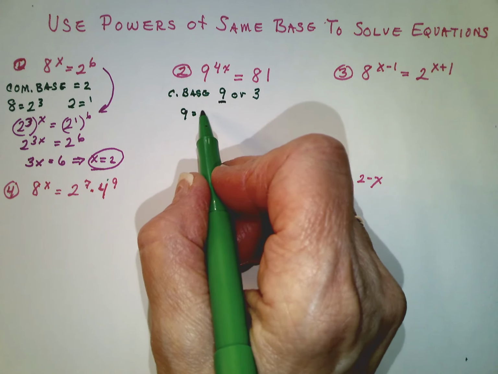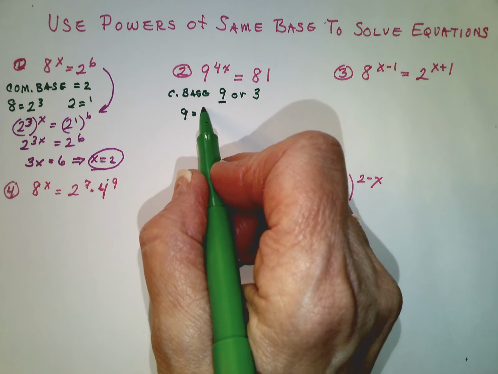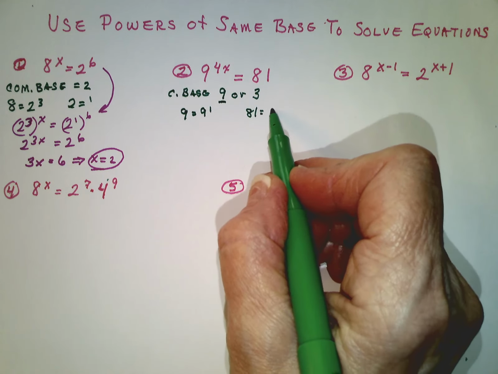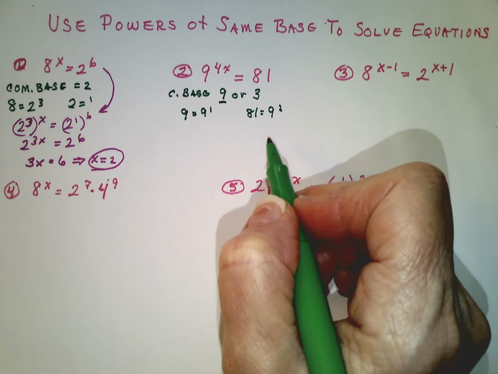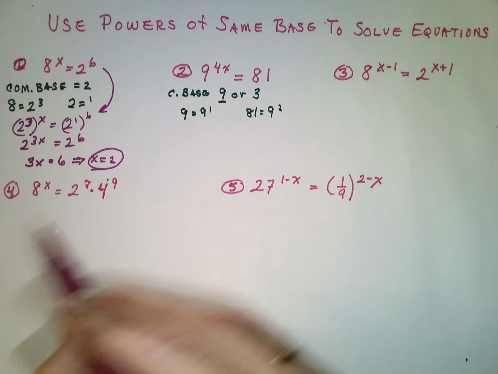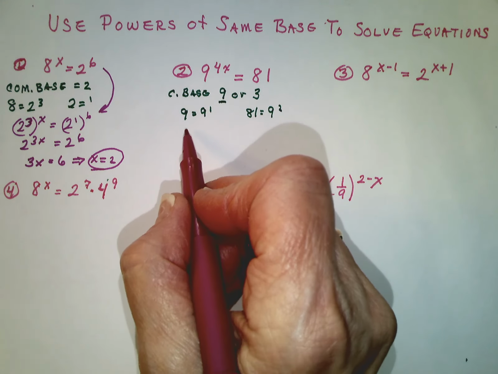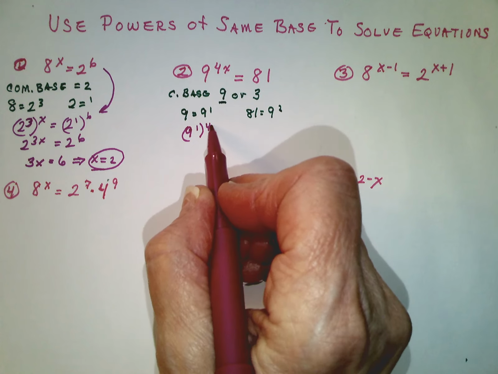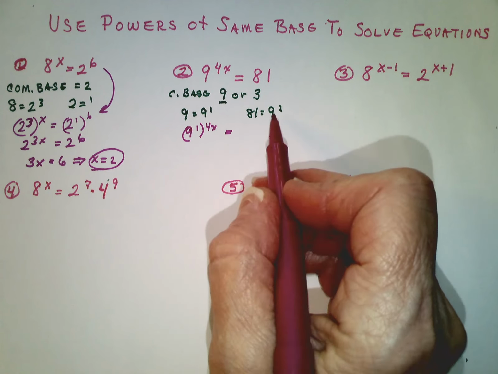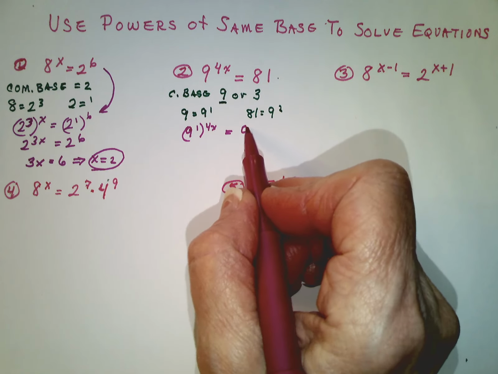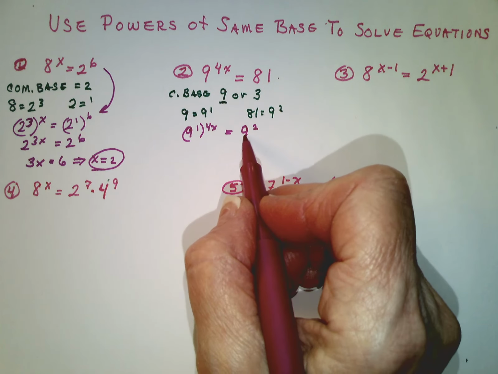So 9 is going to be the same as 9 to the first. 81 is going to be the same as 9 to the second. Just going to replace those. Well, there's not much to replace here. We'd have 9 to the first raised to the 4x has to equal, instead of 81, we're going to replace this with 9 squared.